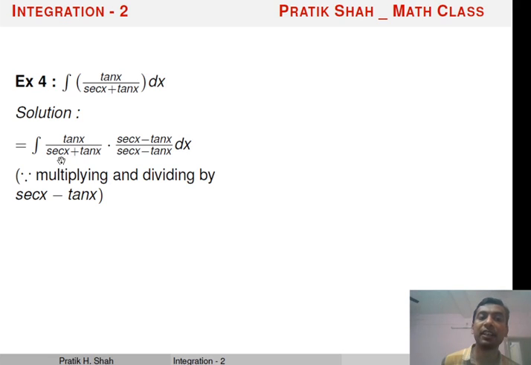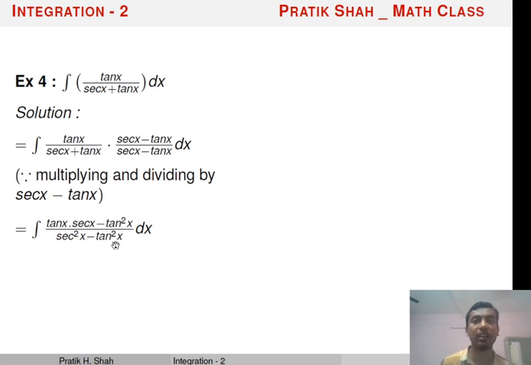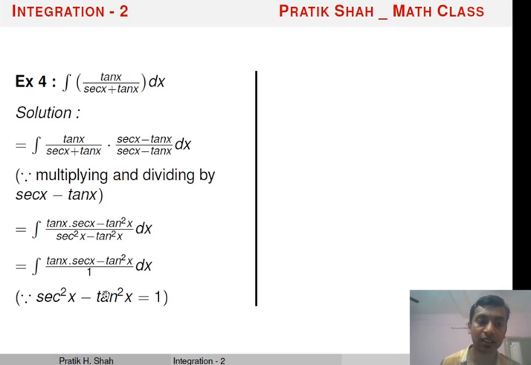And in the denominator, x plus y, x minus y, so it is x square minus y square. So we get tan x into sec x minus tan x into tan x, which is tan square x, and this is sec square x minus tan square x. Now we have already seen that this is equal to 1.